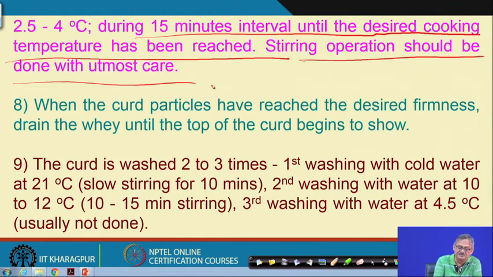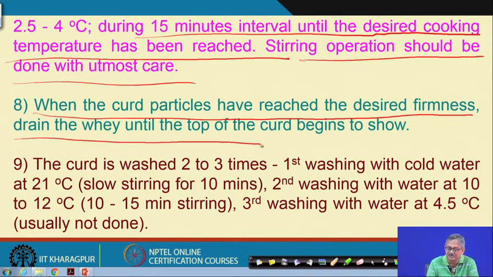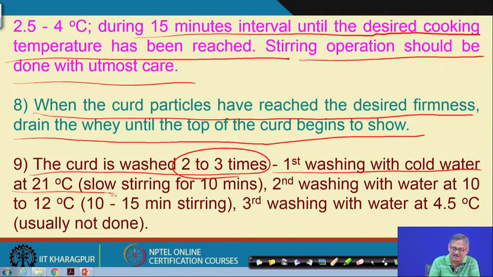The next step is, when the curd particles have reached the desired firmness, drain the whey until the top of the curd begins to show. The curd is washed 2 to 3 times. First washing with cold water at 21 degrees centigrade, with slow stirring for 10 minutes.